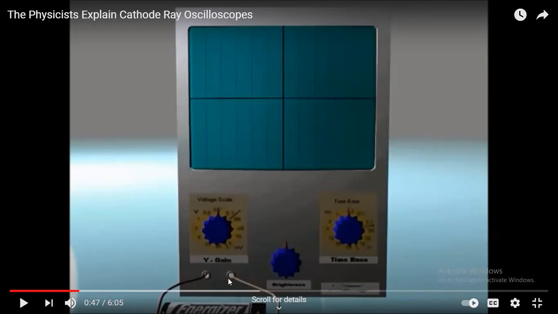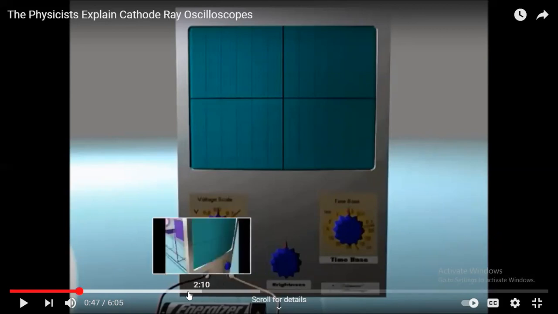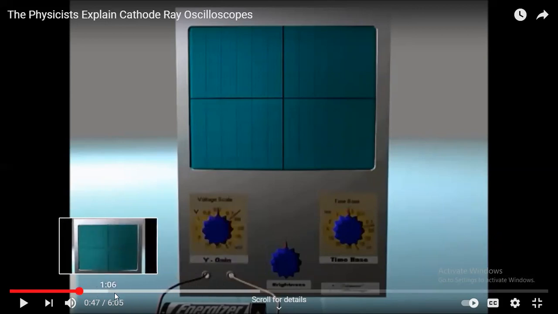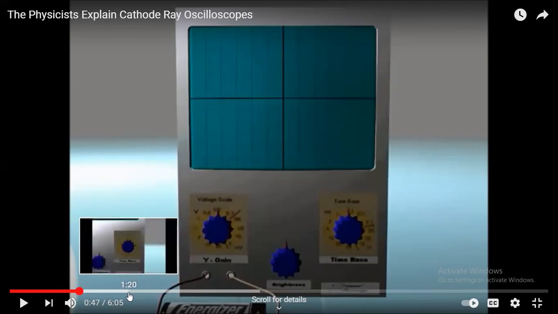Whatever I want to measure, we connect it to the Y plate. So the Y gain means that you are connecting something on the Y plate. Let me show you something here on this point.